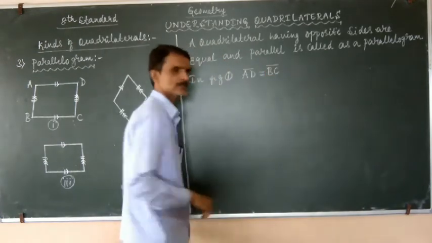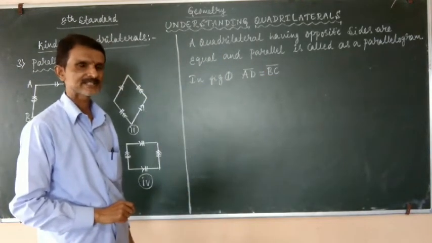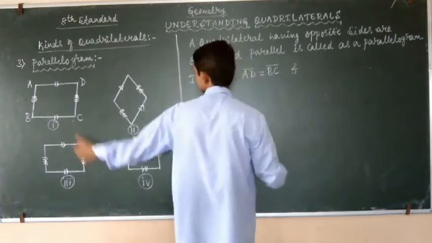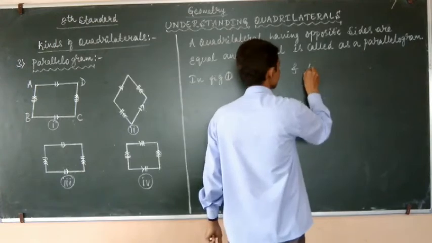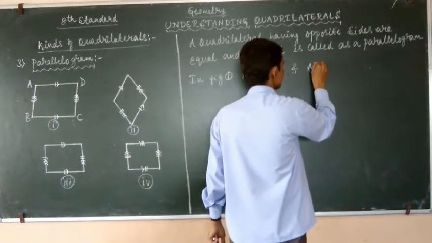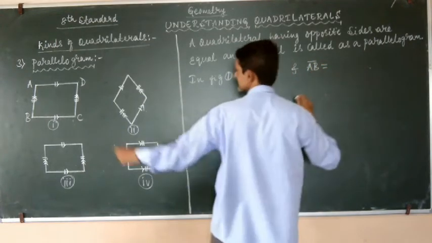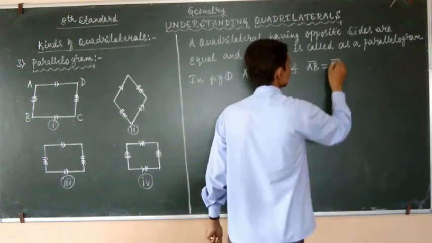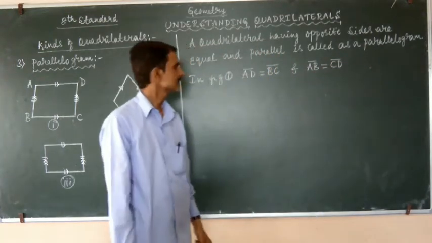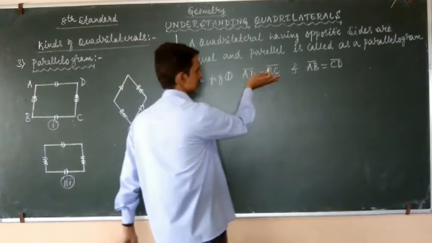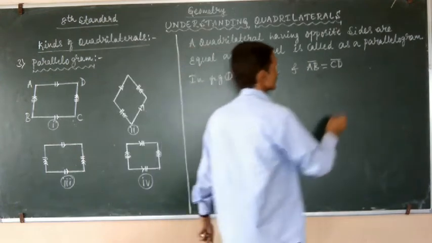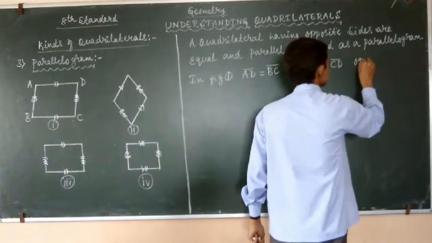Side AD is equal to side BC. And another pair of sides, side AB is equal to side CD. This is one pair that are equal. These are the opposite sides.